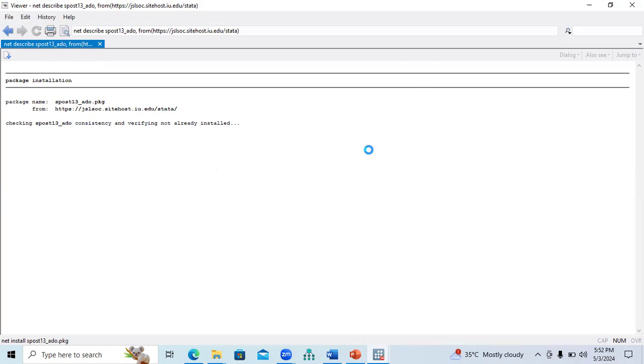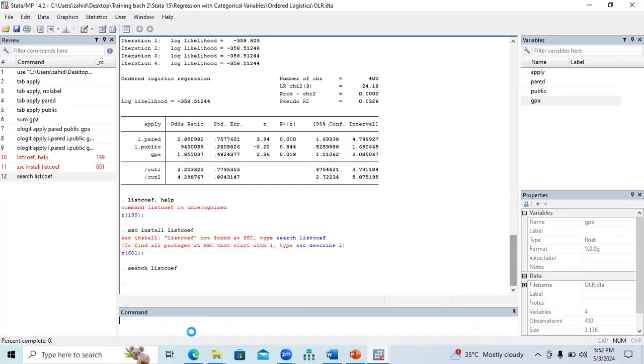It is taking too much time. Let's try to run it again from the main window.